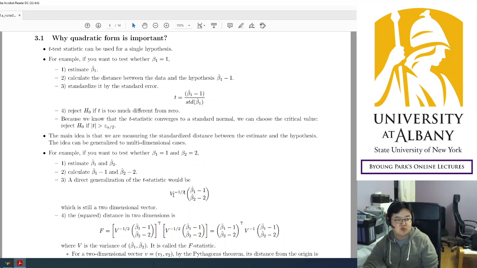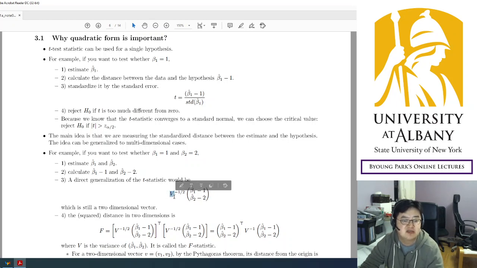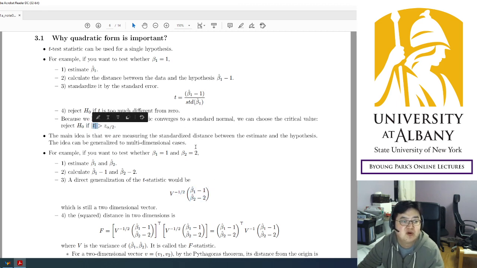Standardization goes like this, where V is the variance matrix, the asymptotic variance, or whatever reasonable, consistent estimator for the variance. After the standardization, the problem here is we need a distance of this, but this is a two-dimensional vector. Taking distance in one dimension was simply taking the absolute value.